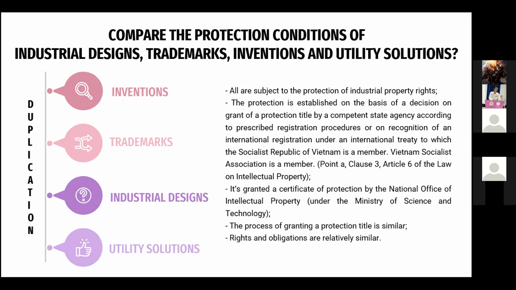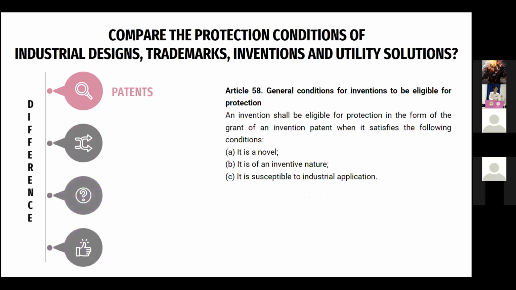The process of granting a protection title is relatively similar for each right. For an invention, Article 15A states that an invention shall be eligible for protection in the form of a patent if it satisfies the following conditions. A, it is novel, Article 16.